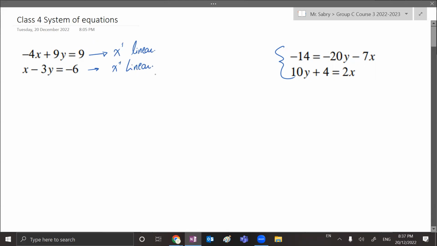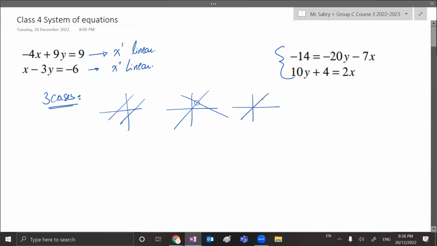Now, if you think about that, you'll find that there are three cases of this thing. You can have the two lines graphed and they could not intersect each other at all, or they could intersect each other once, or you'll discover they're the same line after you start graphing them.